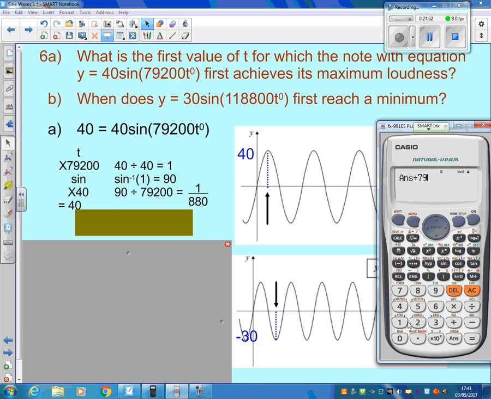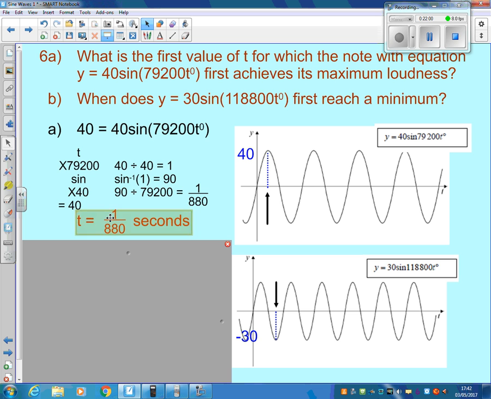Divide by 79,200 equals 1 over 880. So that value there is 1 over 880. It's a tiny amount of time, about 1 over 880 of a second. So that's the first one there.